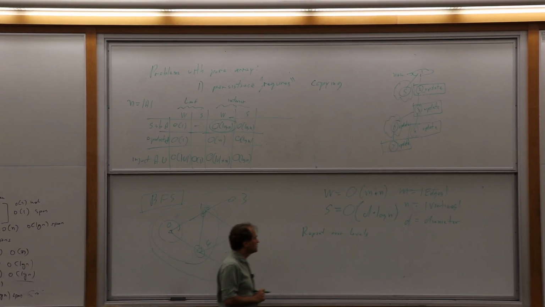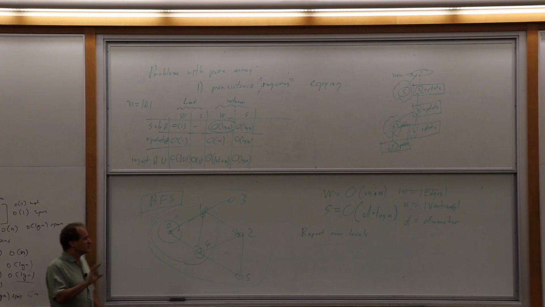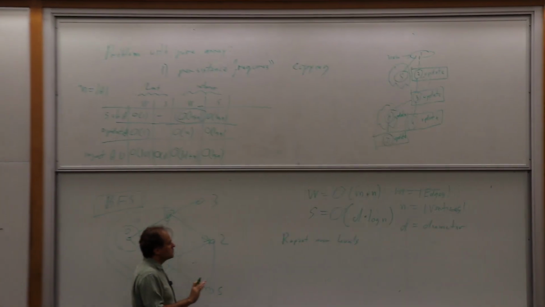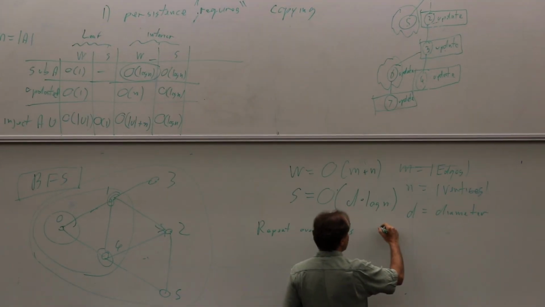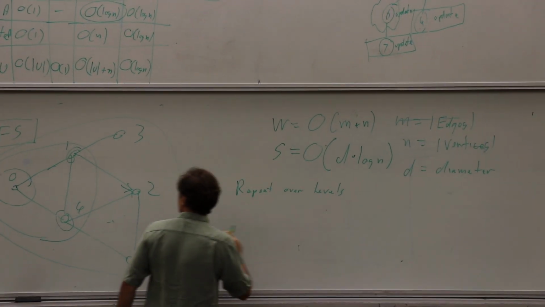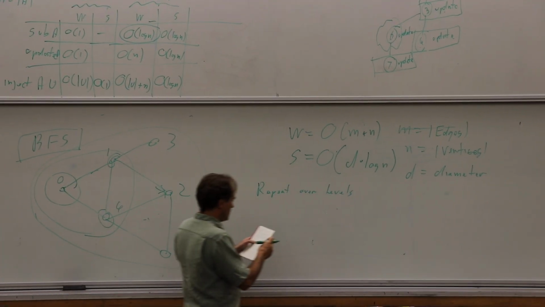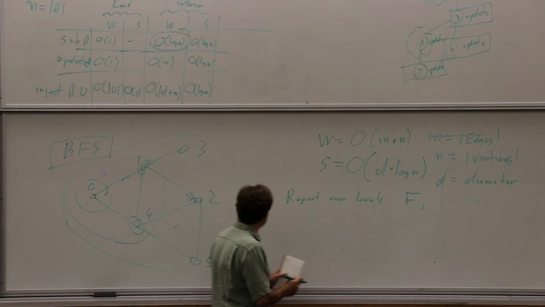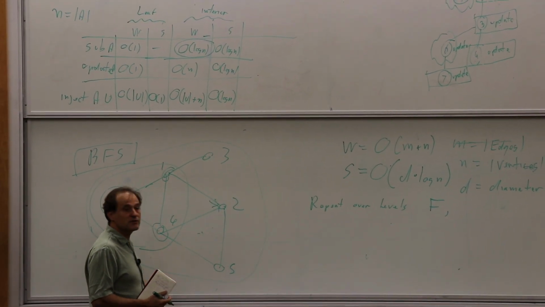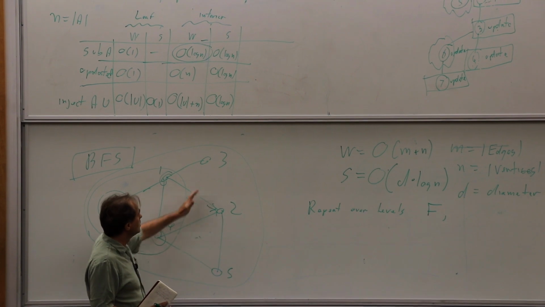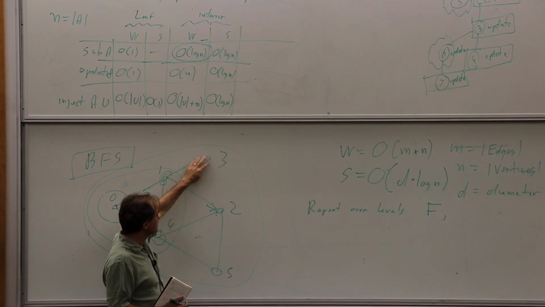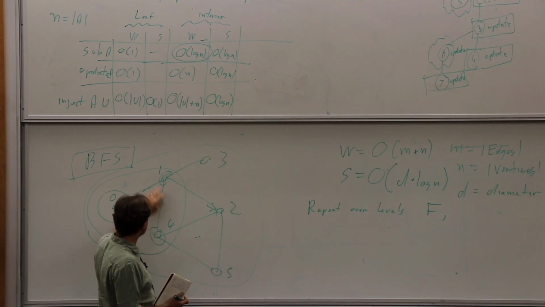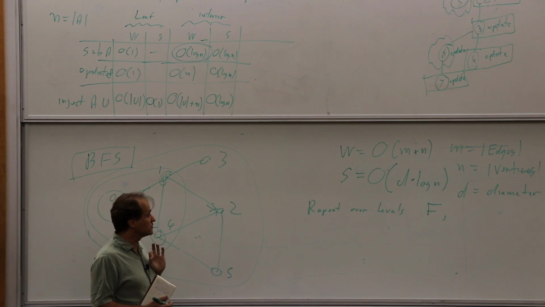This is my iteration, and I'm just going to write it informally at the moment. When I repeat over the levels, I'm going to keep track of 2 things. I'm going to keep track of what we call the frontier. That's going to be all the people on the last level I just searched. So when I hit this level, the frontier is going to be 3, 2, and 5. Here it was 1 and 4. That's itself a sequence.